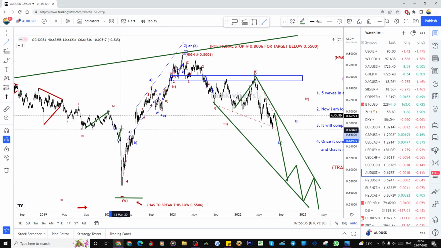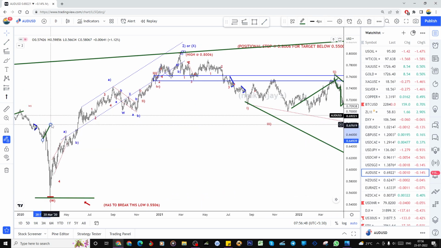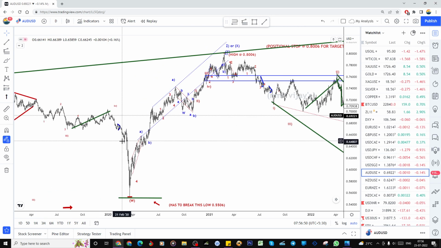We are expecting the bigger one, but here also the 1, 2, 3, 4, and 5. See, I will zoom here. Look at this. Just one 3-wave structure, maybe around 23.6. After that, what happens? It came to the downside. So we are expecting the bigger correction.